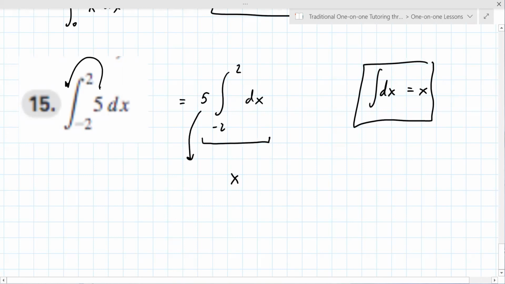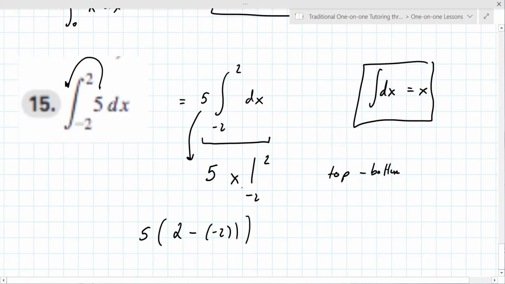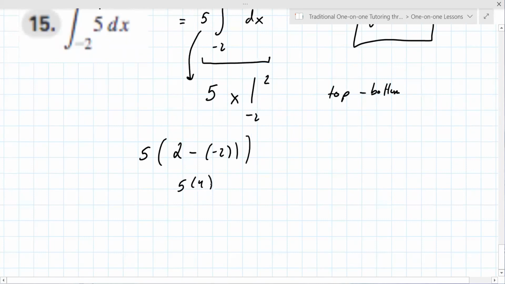That 5 comes down, and then you evaluate it from minus 2 to 2. It's always top minus bottom. So it's 5 times 2 minus negative 2, putting the 2 in for x and negative 2 in for x. So 5 times 4, which is 20.